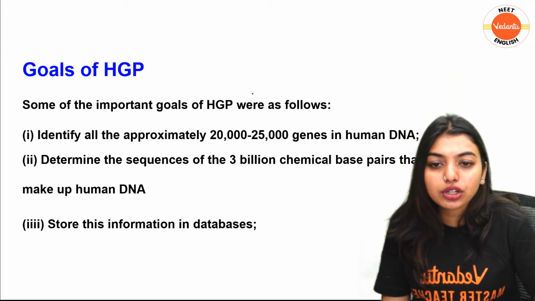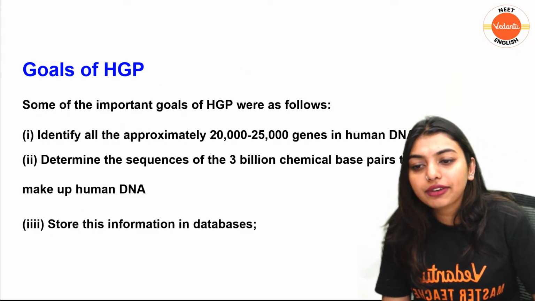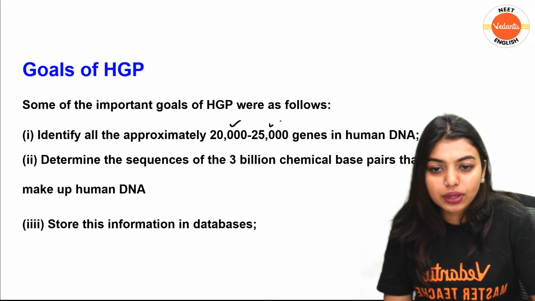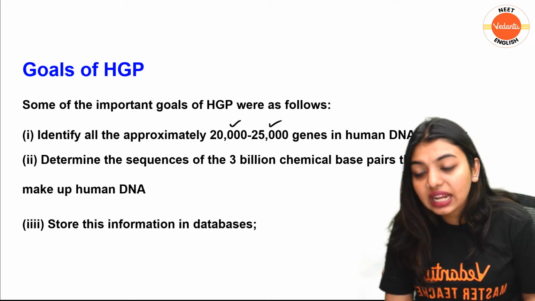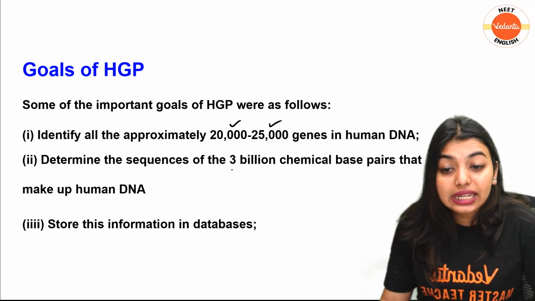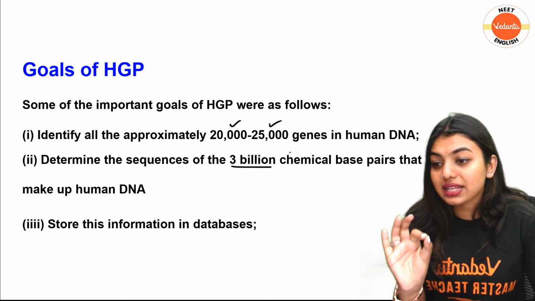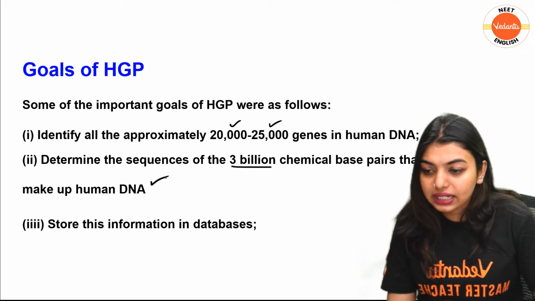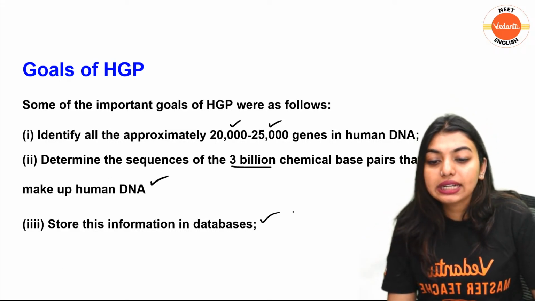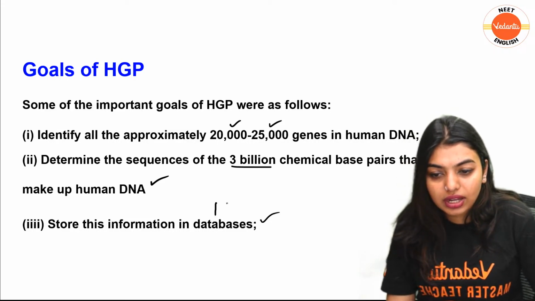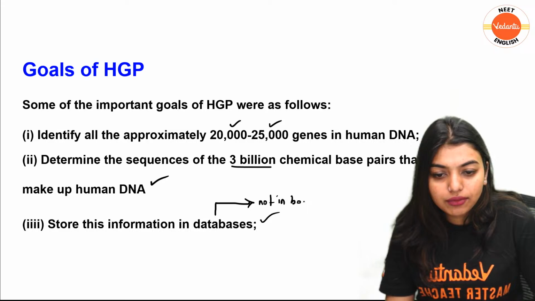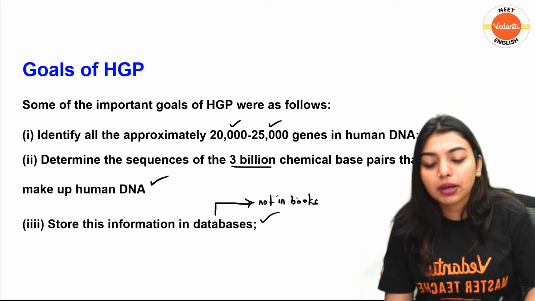Okay, so some important goals of HGP were: identify all approximately 20 to 25,000 genes in a human DNA, determine the sequence of 3 billion base pairs that make up the human DNA, store this information in databases other than in books. Okay, not in books. If you store it in books, it would have taken some 3,300 books per person.